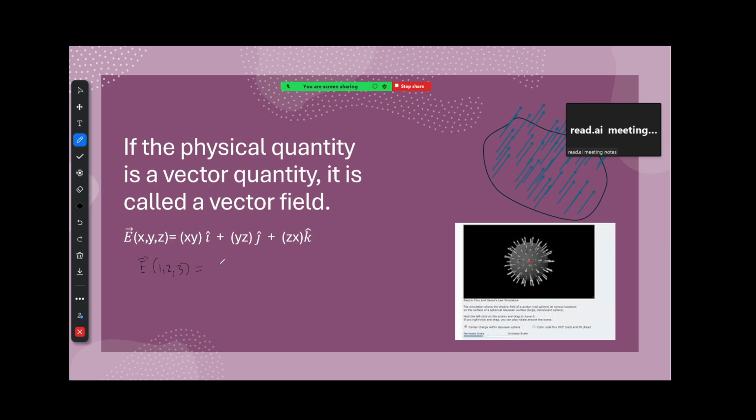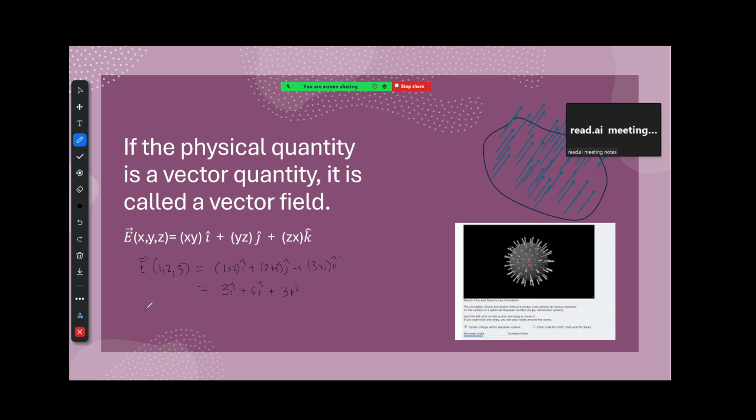According to its definition, you will get 1 into 2 into i, plus 2 into 3 into j, and then 3 into 1 into k. So ultimately you will get a vector which will be 2i cap plus 6j cap plus 3k cap.